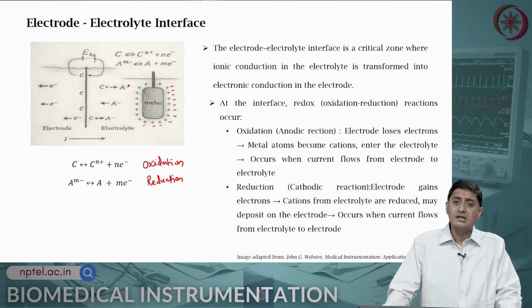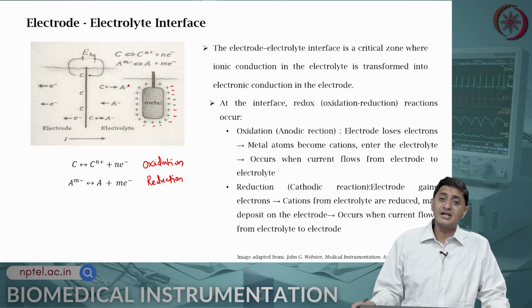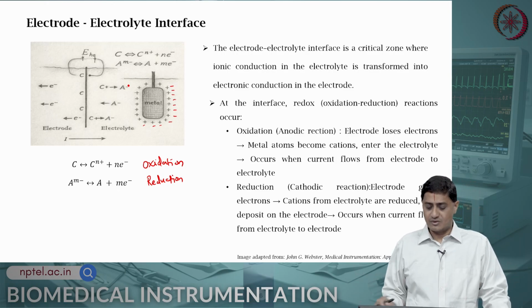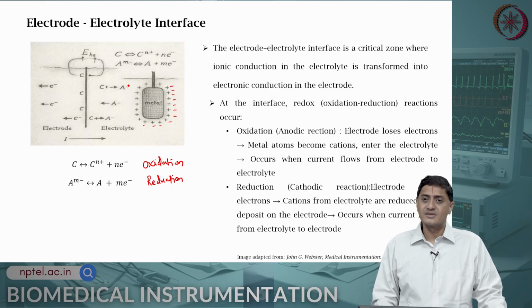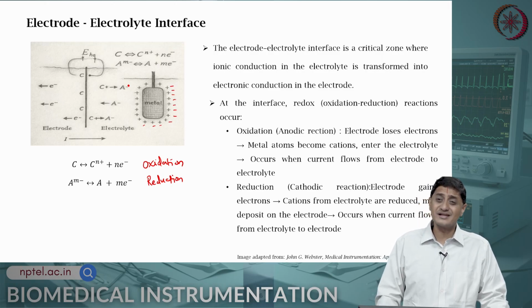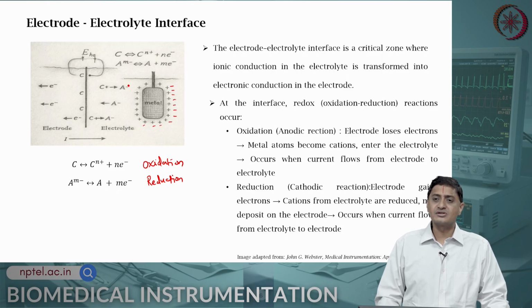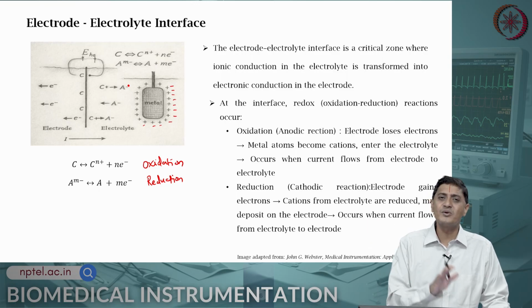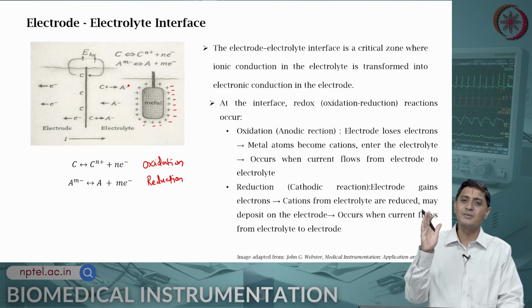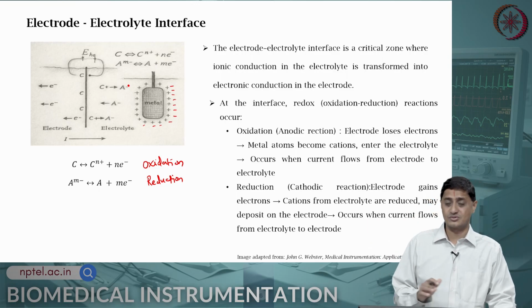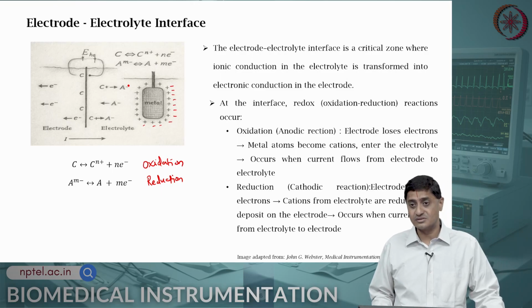When current is flowing from the electrolyte to the electrode, reduction happens, or the reduction reaction dominates, that is the cathodic reaction. The electrode gains electrons. So, the cations from the electrolyte are reduced and they essentially get deposited on the metal electrode.